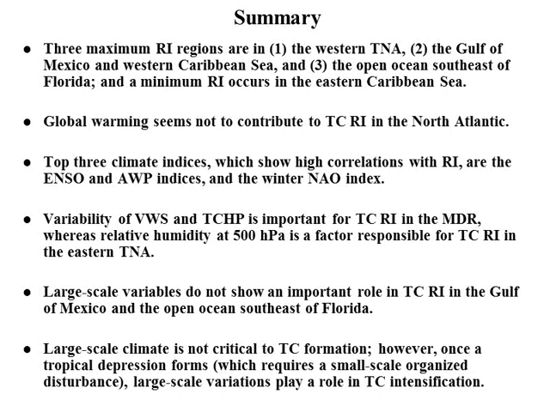And the final conclusion, I think this is also important. Our result suggests large-scale variability is not critical for TC formation. However, once a tropical depression is formed over the ocean, then large-scale variability will play a role. This conclusion is also physically sensible because tropical depression formation requires a small-scale disturbance.